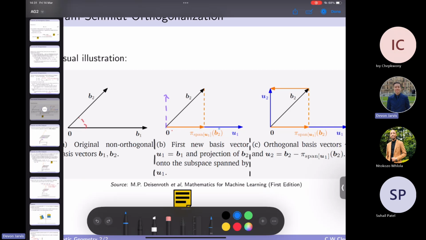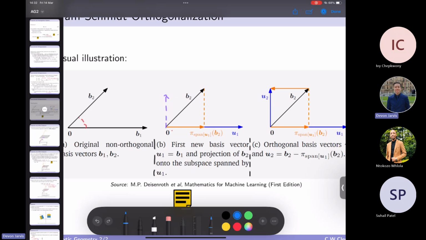So the component of B2 that lies along the span of U1 after we project it is this orange vector. We are going to remove that from B2. In other words, we're going to shift it that way. The tip of B2 is going to be in the opposite direction because of the negative to its own projection. And we're going to define that as then U2. You can see now that we have two vectors that are 90 degrees to each other.